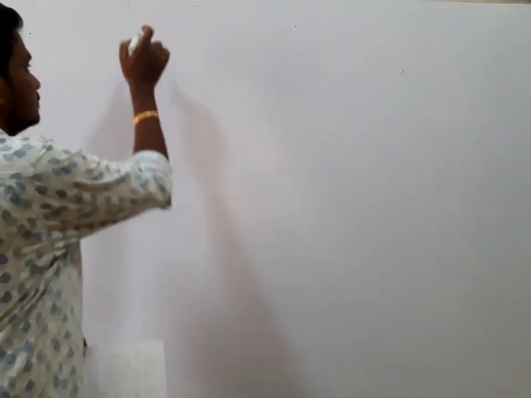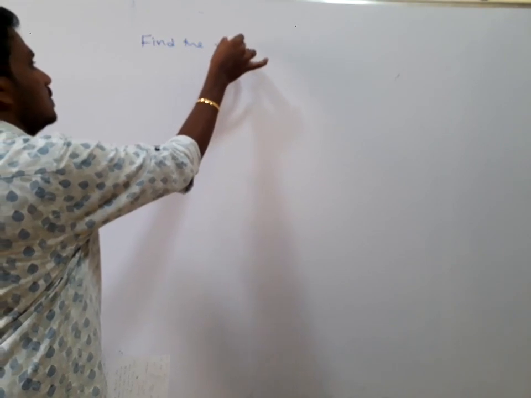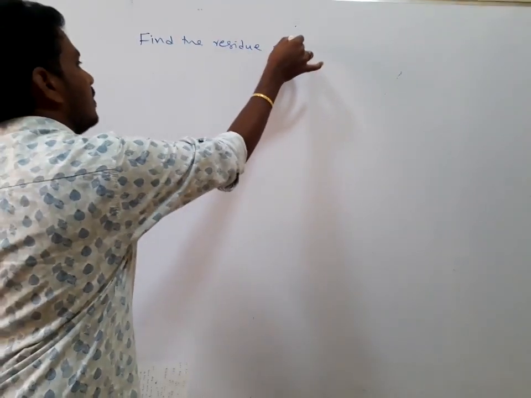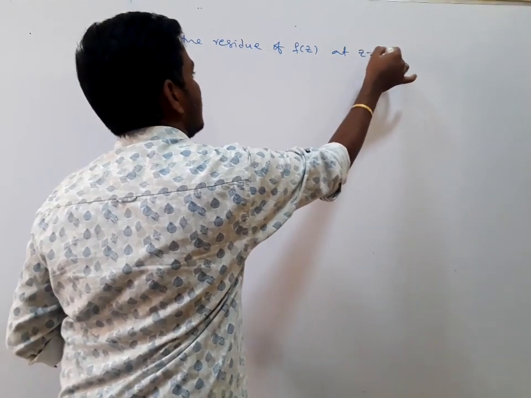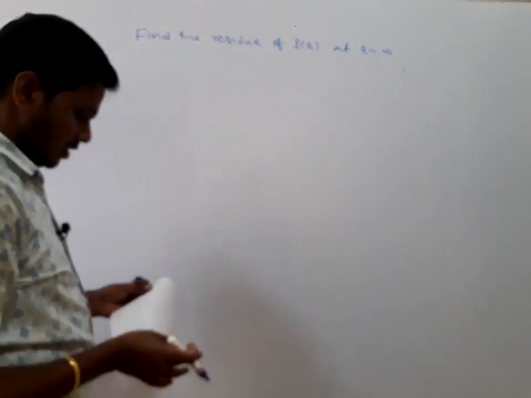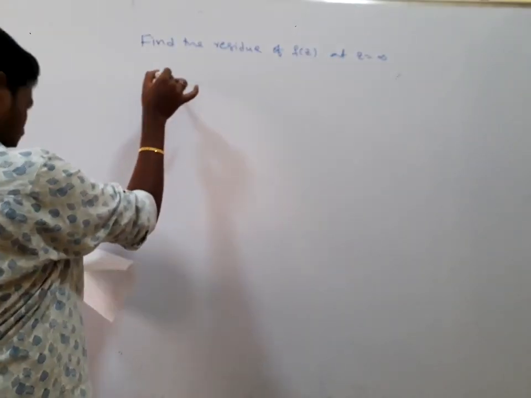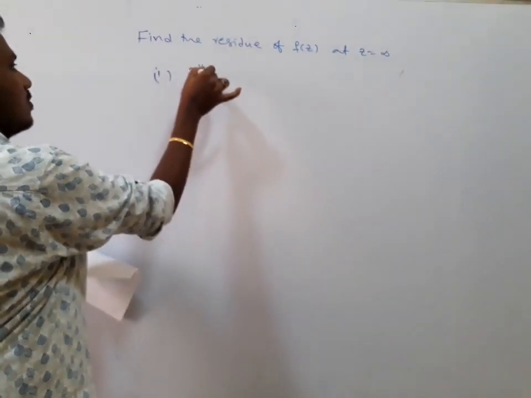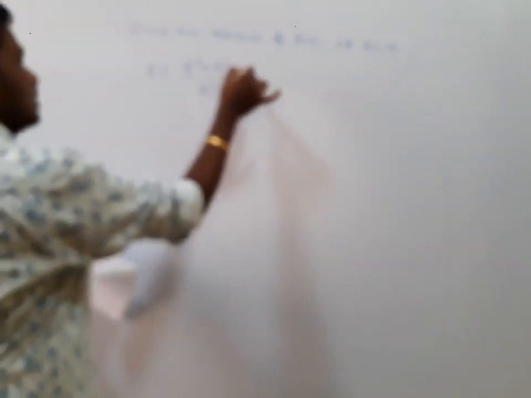Next one: find the residue of f(z) at z = infinity for the following. First one, f(z) = (z^4 + z^2)/z^3.